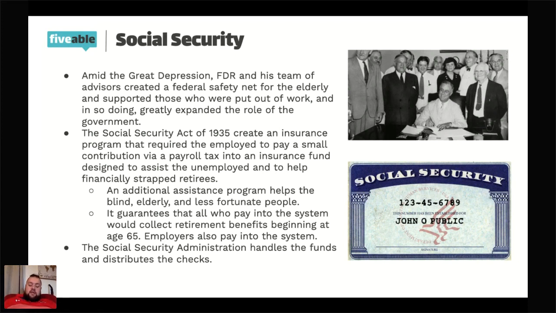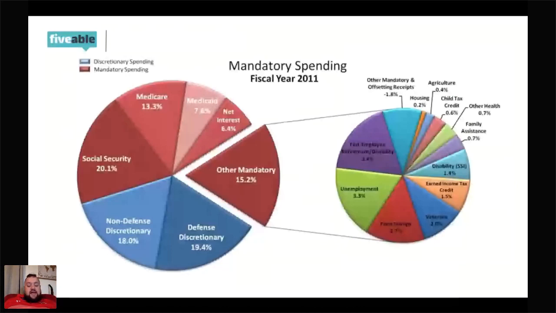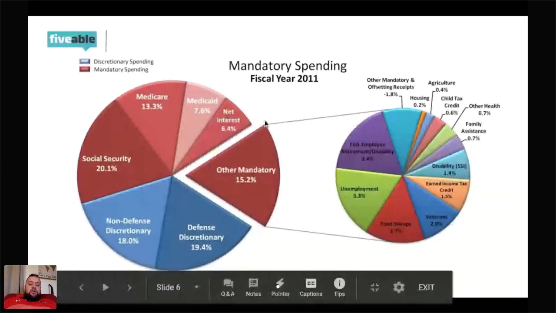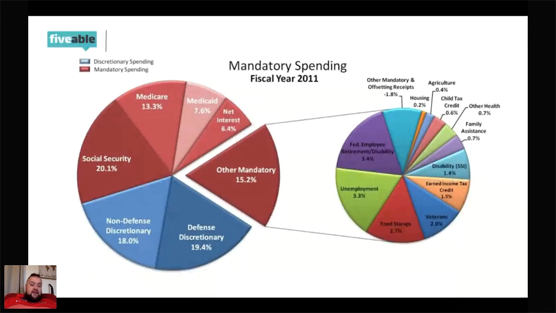So here's the problem, okay? We're all putting money into this one big pot for Social Security, which doesn't sound like a bad thing on paper. But let's take a look at the budget here. What this shows you is mandatory versus discretionary spending. Now, I'm going to explain this, and actually tomorrow night, this is going to be the whole presentation that I'll be streaming on.